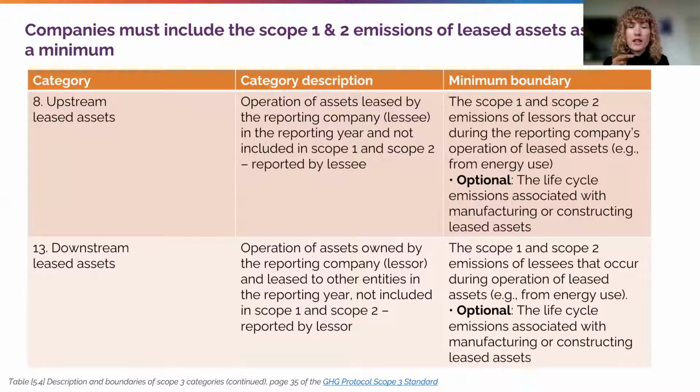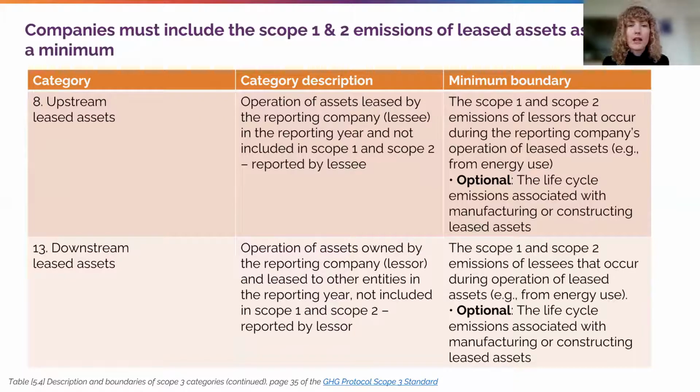And I think that the key distinction being that for upstream leased assets, these are emissions from assets that are being reported by the lessee. So it's generally the Scope 1 and 2 emissions coming from the assets, generally buildings and vehicles, I think more commonly buildings.